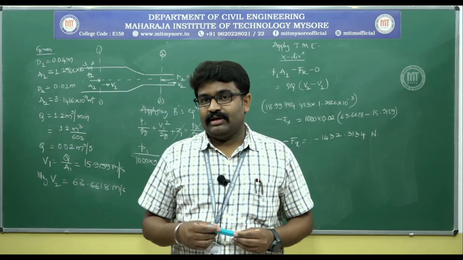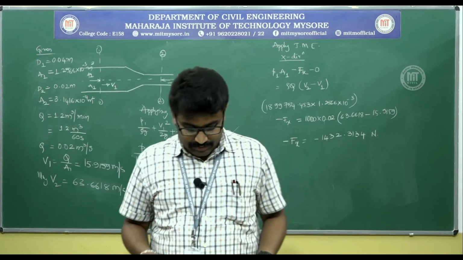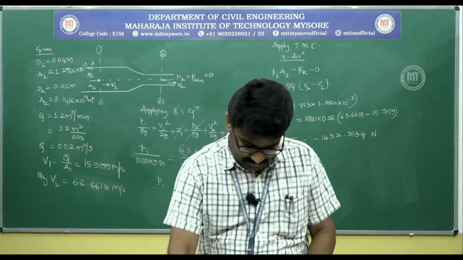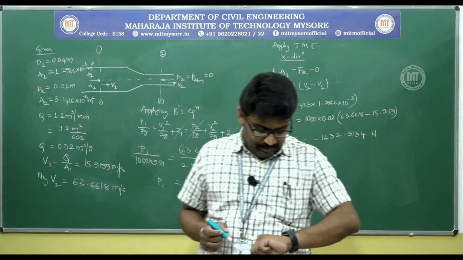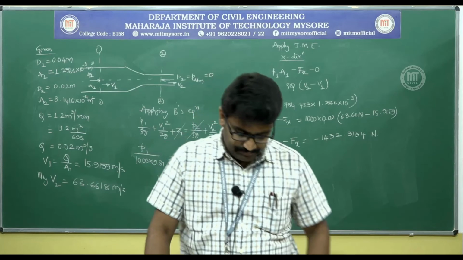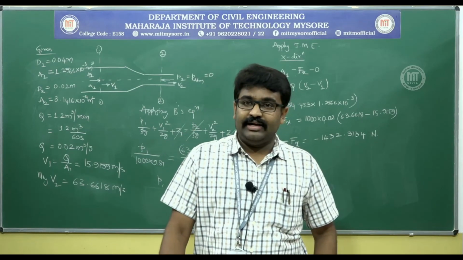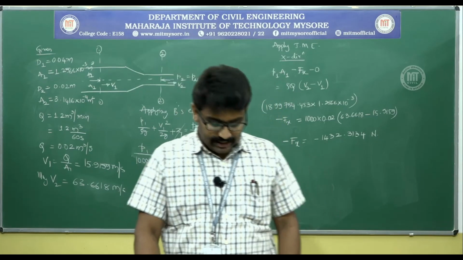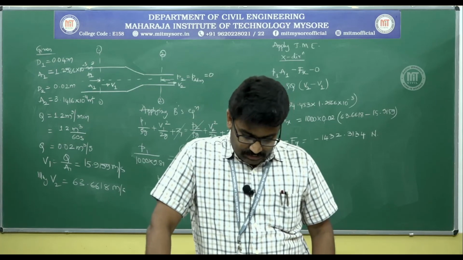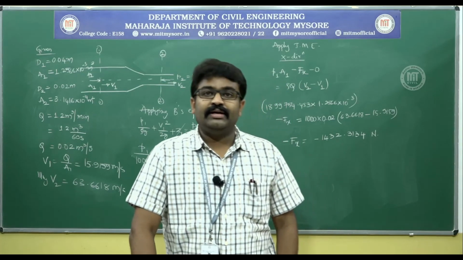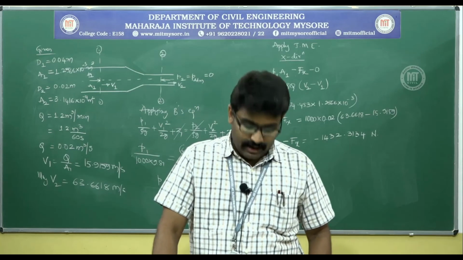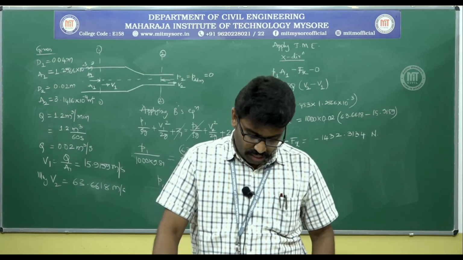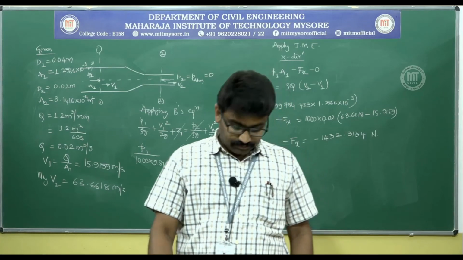Take down the next problem. You can solve it as homework based on the problem that we have just solved. Diameter of a pipe gradually reduces from 1 meter to 0.7 meter. Full stop.